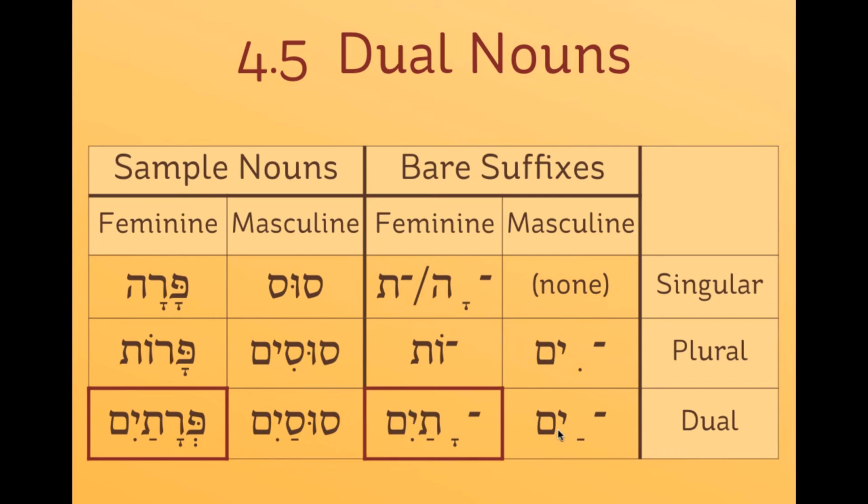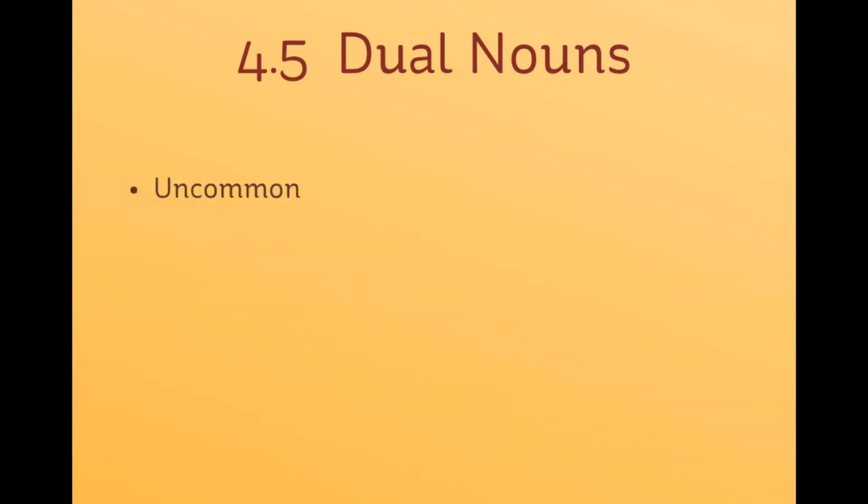Now, if you didn't catch that, here note that whether or not you have this tav, all dual nouns end in aim. Even here, aim. And this aim is a diphthong. So you have the vowel sound ah, and you just glide directly into the vowel sound e. Aim. And that's the dual ending marking exactly two of something.